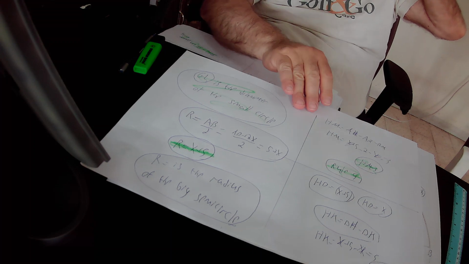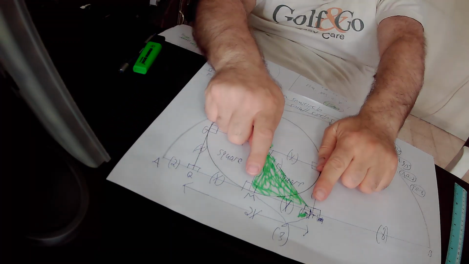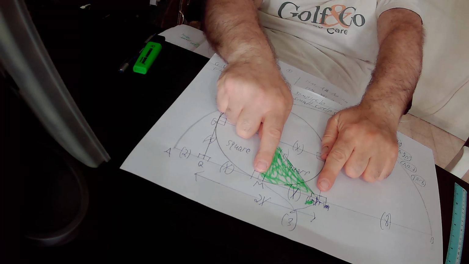So in total, we found that this missing side M edge equals 3 units in length.